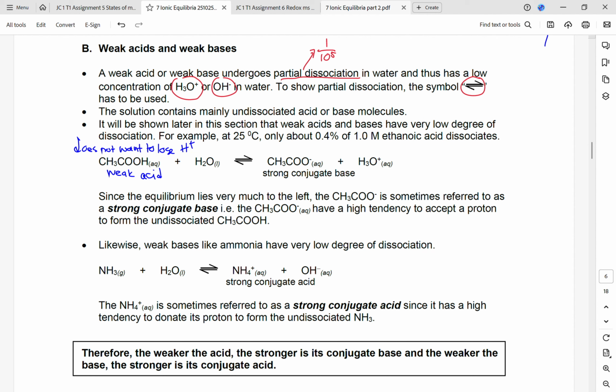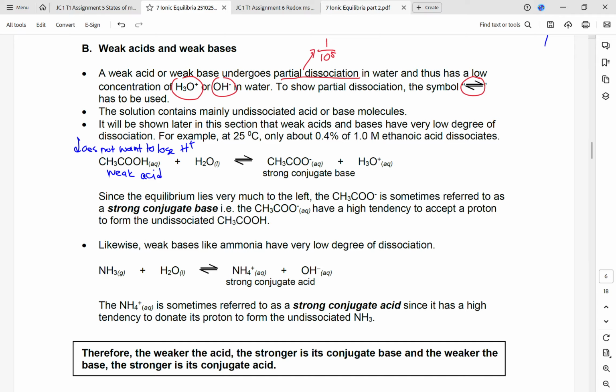It's holding on for dear life to the H plus ions. It doesn't want to give it to someone else. So it makes ethanoic acid a weak acid because it's holding on to H plus.